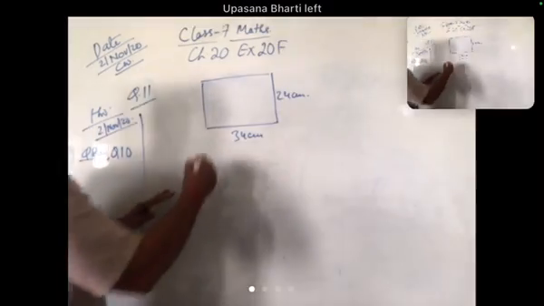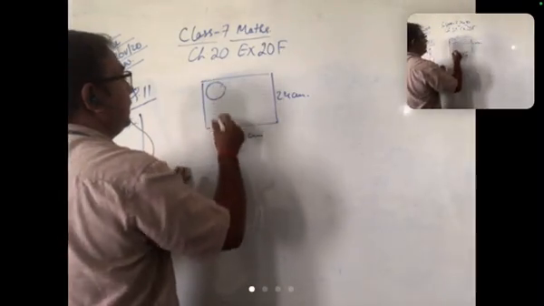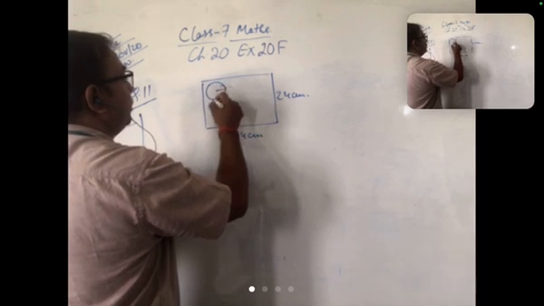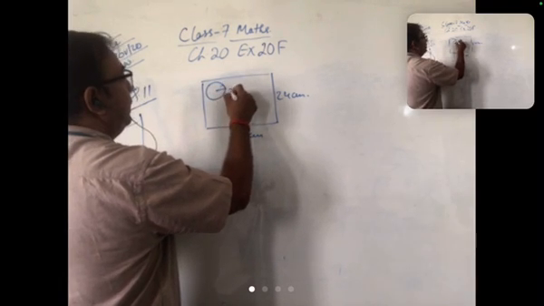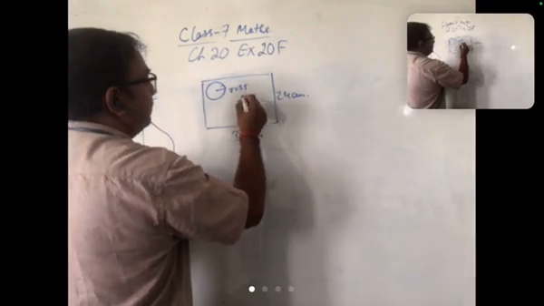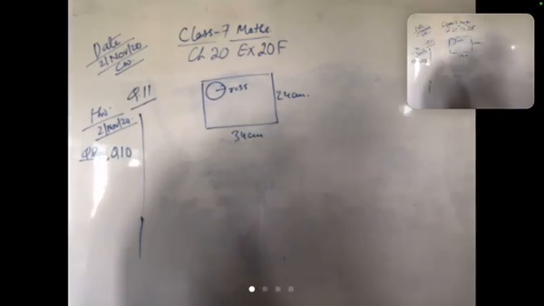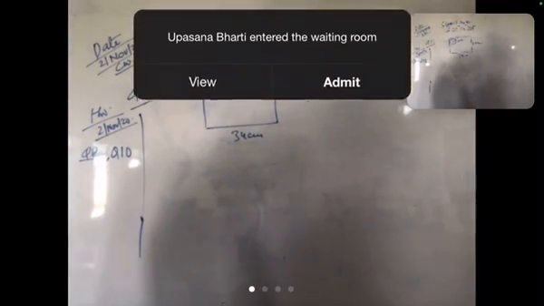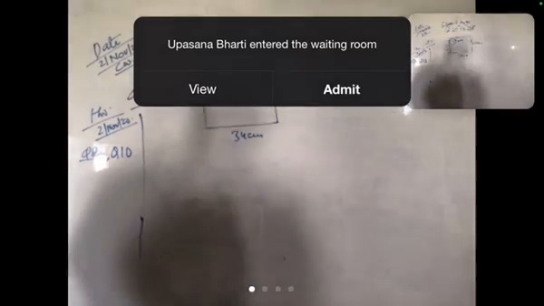Okay. So we have to cut a small button like this, and the radius of each circle is equal to 3.5 centimeters.